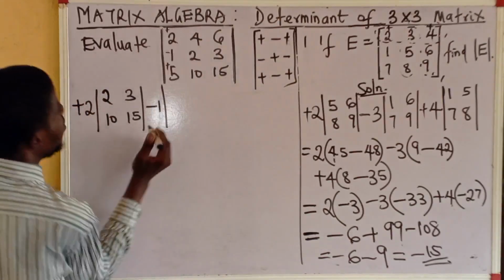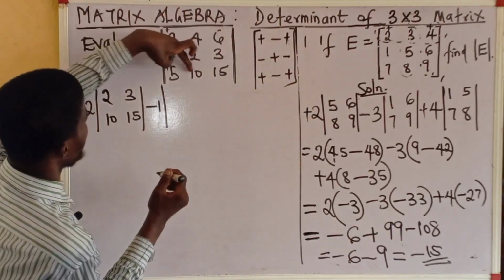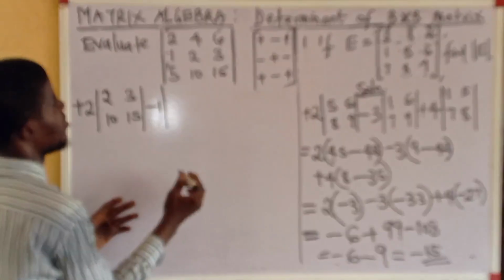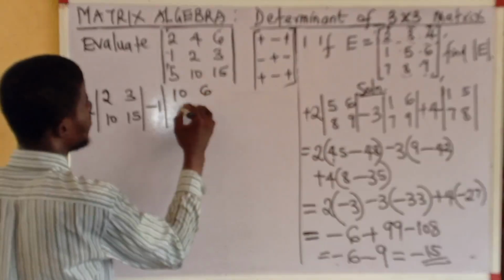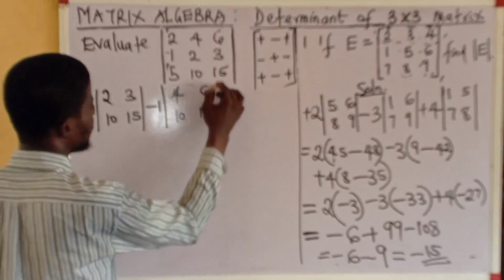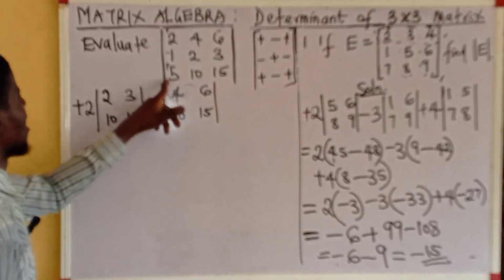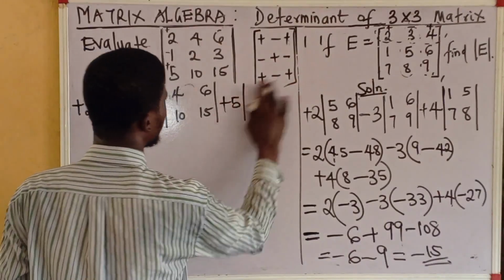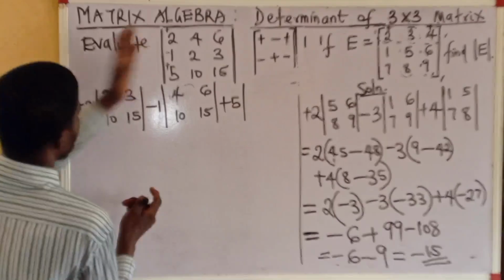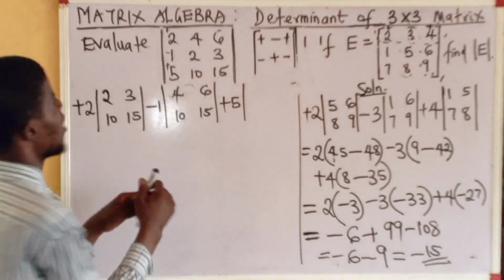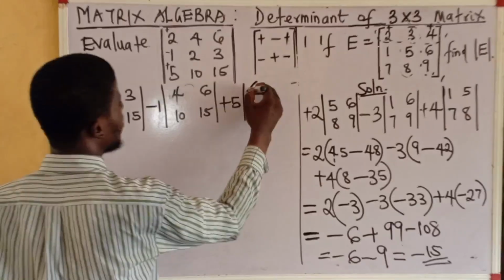So we have 4, 6, 10, 15. Those are the elements left. 5 has a plus. So we close up this column and close up the last row where 5 is found. We have 4, 6, 2, 3.